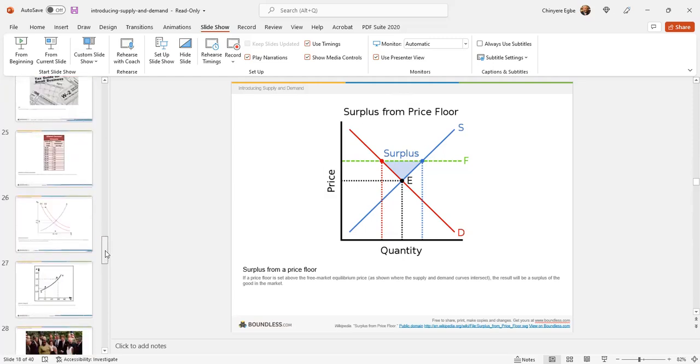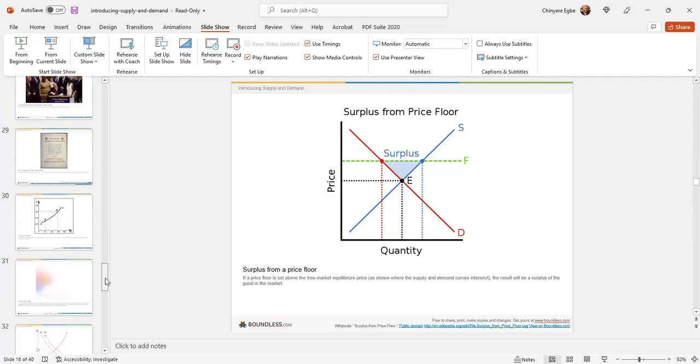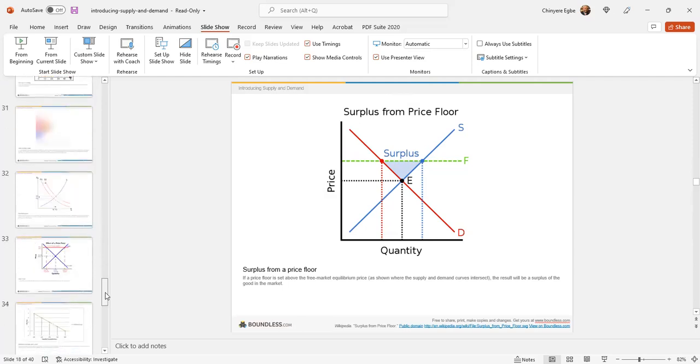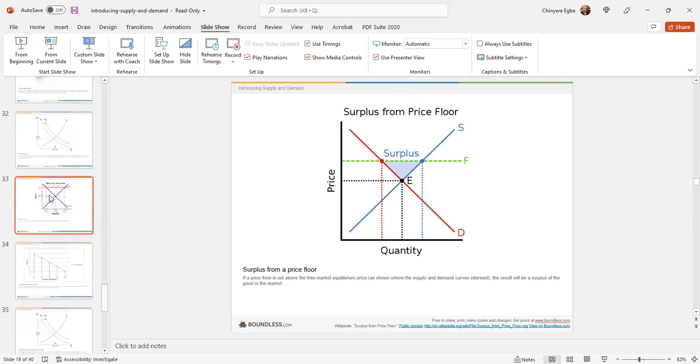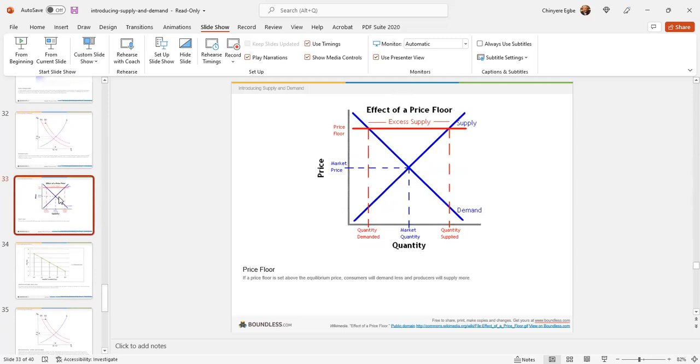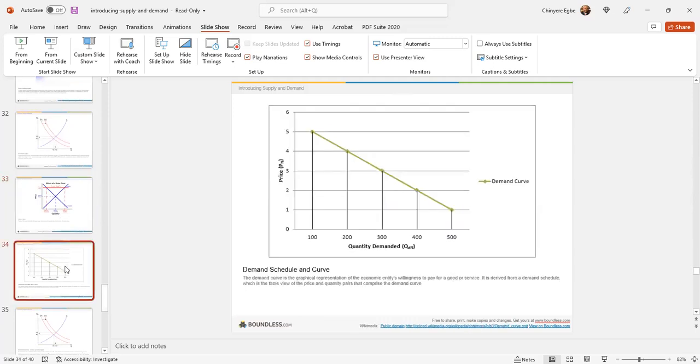Then the next thing that we need to understand in economic theory is what we'll call shifts in supply and demand. Okay, here's a demand curve. This thing should be elsewhere.